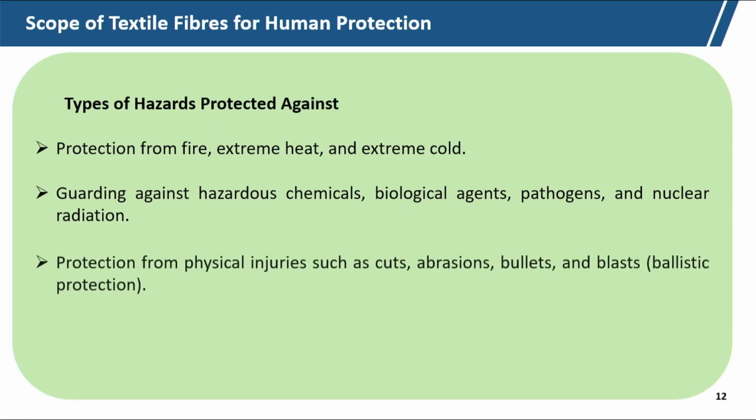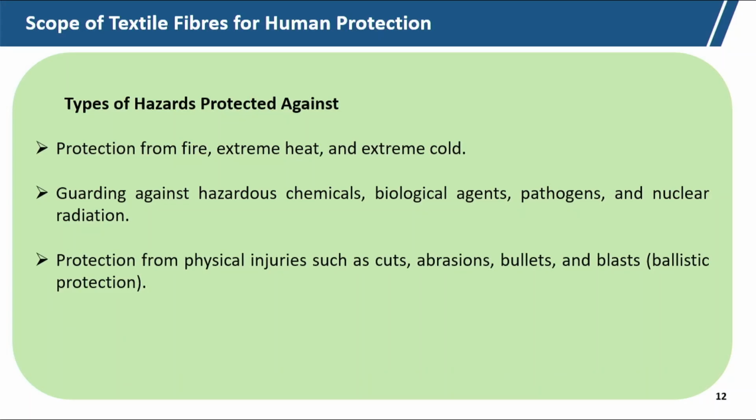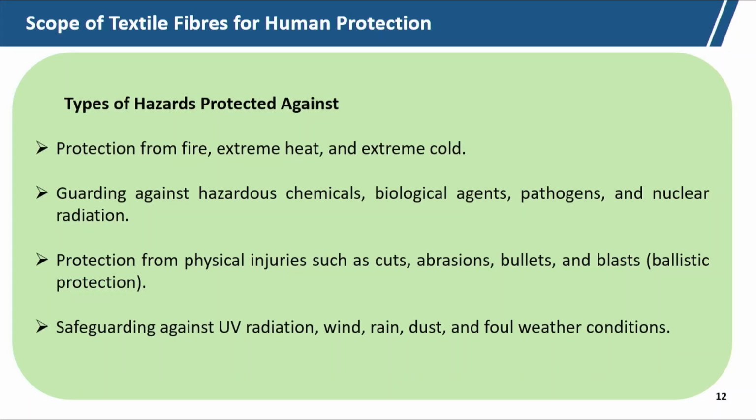We need specialized fiber for protecting from physical injuries such as cut, abrasion, bullet, blast. So, that is ballistic protection. We need specialized fiber to safeguard us from UV radiation, wind, rain, dust, foul weather.